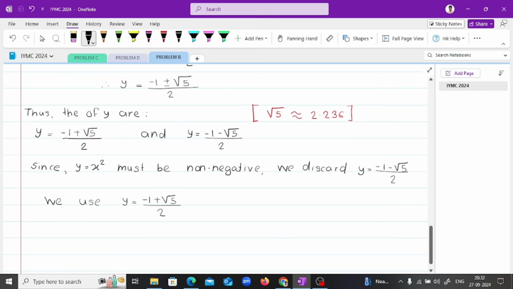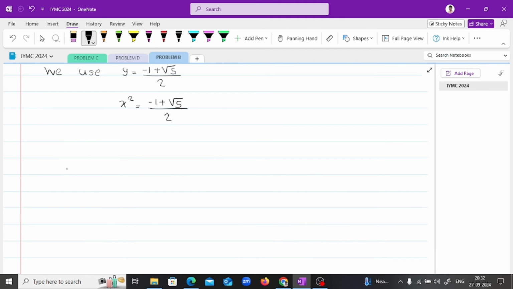Since y is equal to x square, x square is equal to minus 1 plus root 5 upon 2, and by taking the square root on both sides, our value of x becomes x is equal to plus or minus square root of minus 1 plus root 5 upon 2.